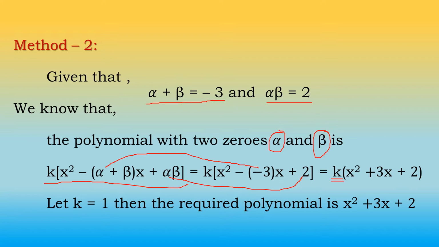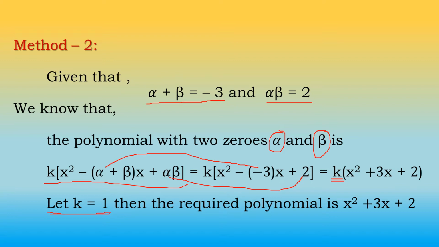Let k is equal to 1. Now you may ask why we should consider the value of k as 1. I can consider the k value as 2, or 3, or minus 5, because k is said to be a real number.